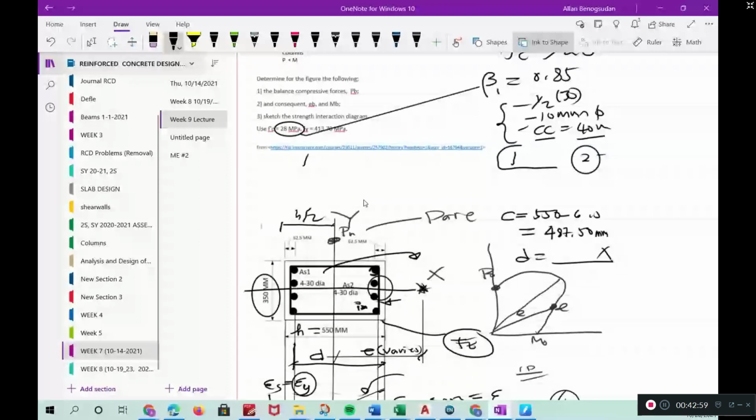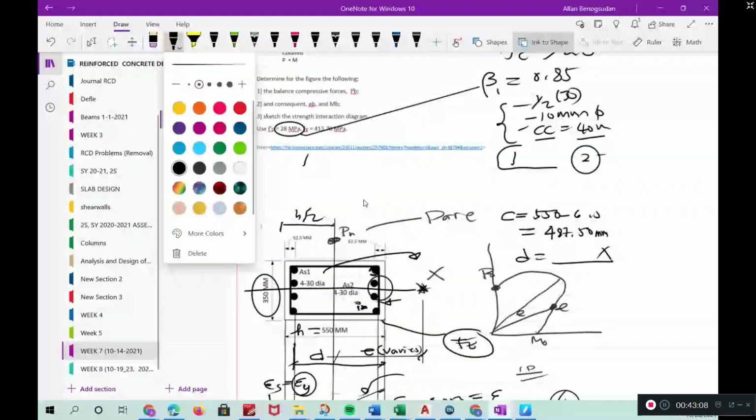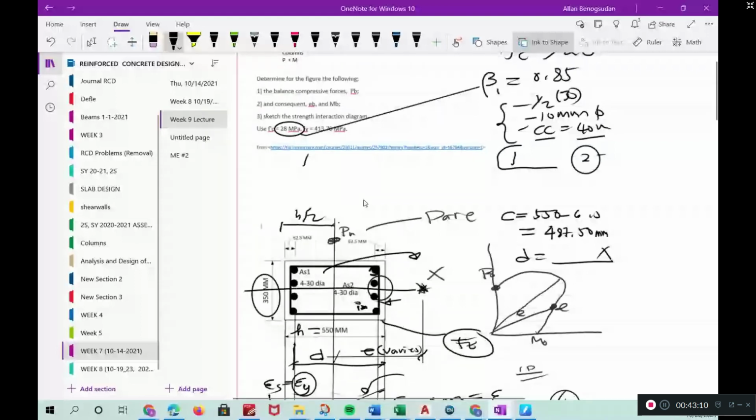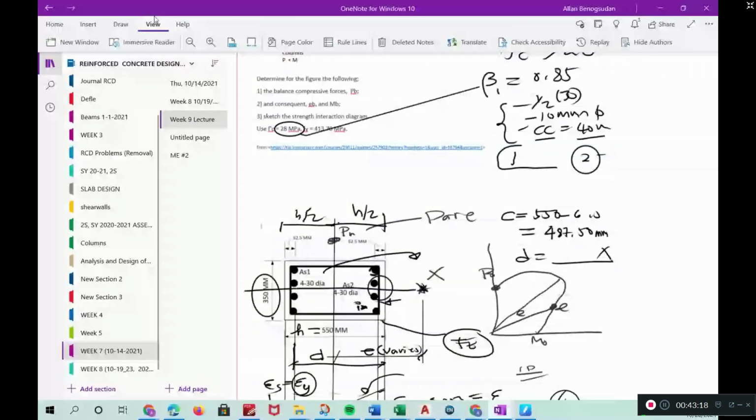I hope you can follow my figure, okay? Pero anyway, that's really the figure when we are discussing, okay? So this one can also be h over 2. Tama ba na ginawa ko?